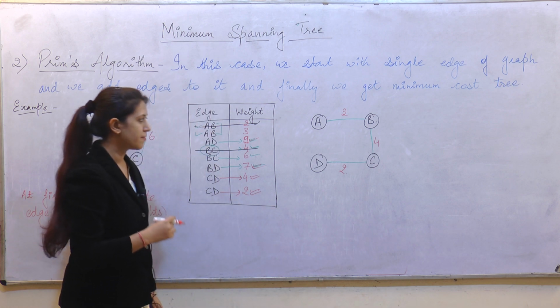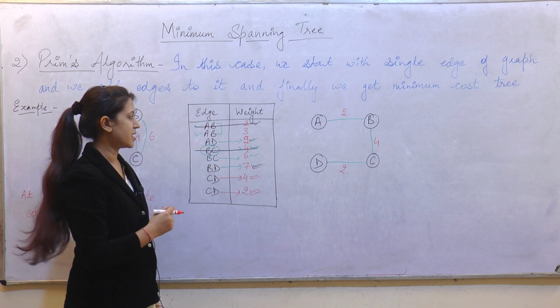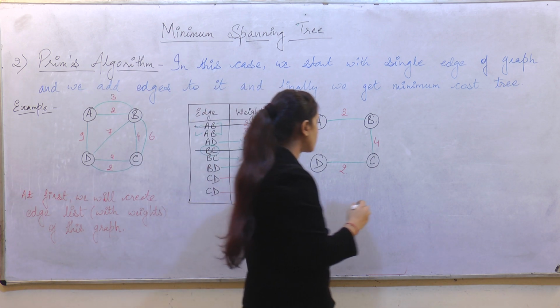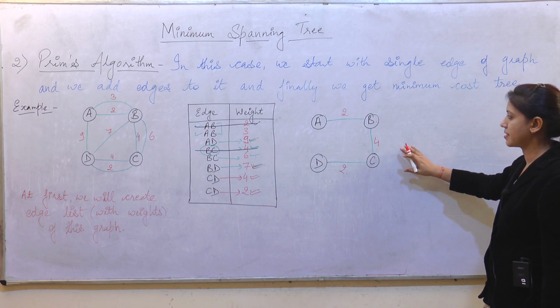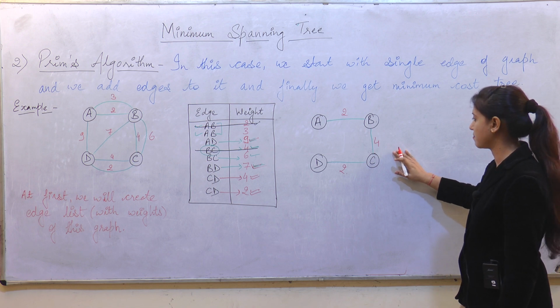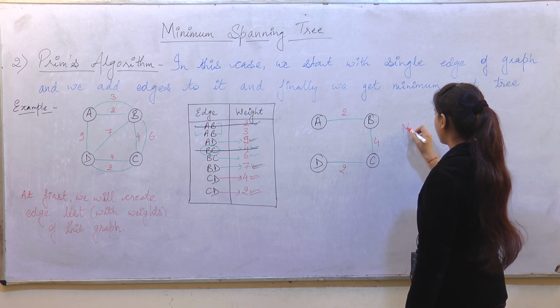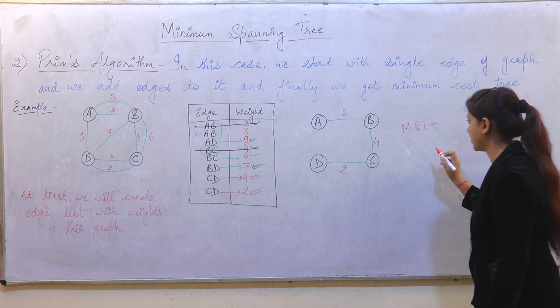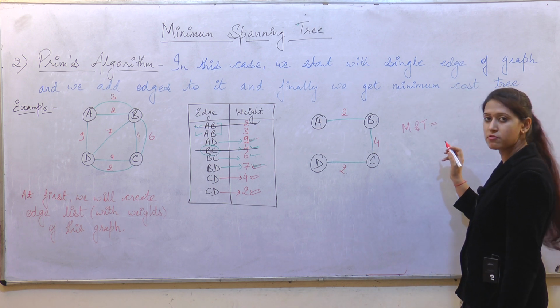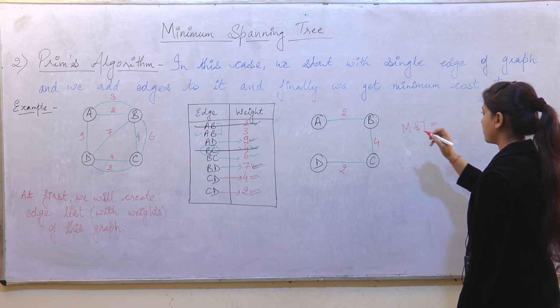So now we have got a minimum spanning tree. No further connections can be done in this tree. So this is our minimum spanning tree. We denote this minimum spanning tree with capital MST, and now we will calculate the cost of this minimum spanning tree.